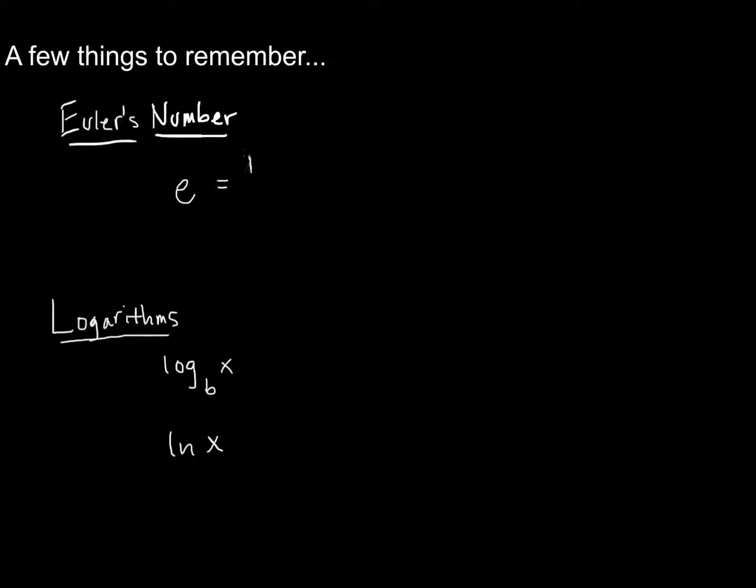It's calculated by taking the limit as x approaches positive infinity of 1 plus 1 over x, to the x. Hopefully this setup helps you understand why it's going to be continuously compounding if you take e as your base and keep multiplying by that over and over again.